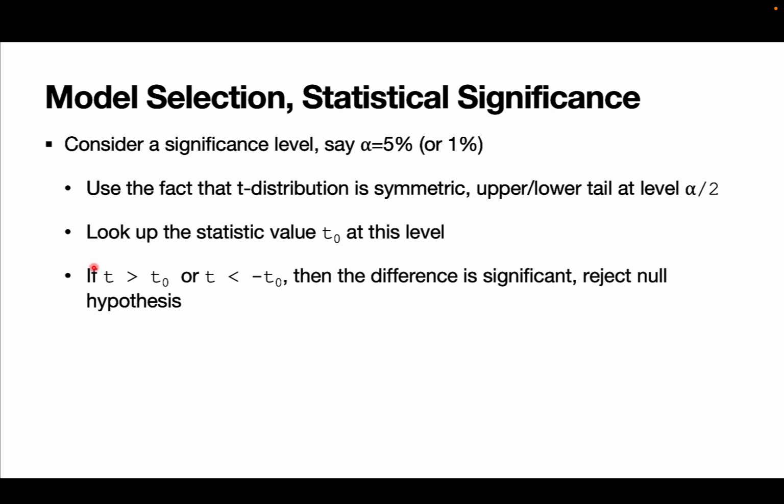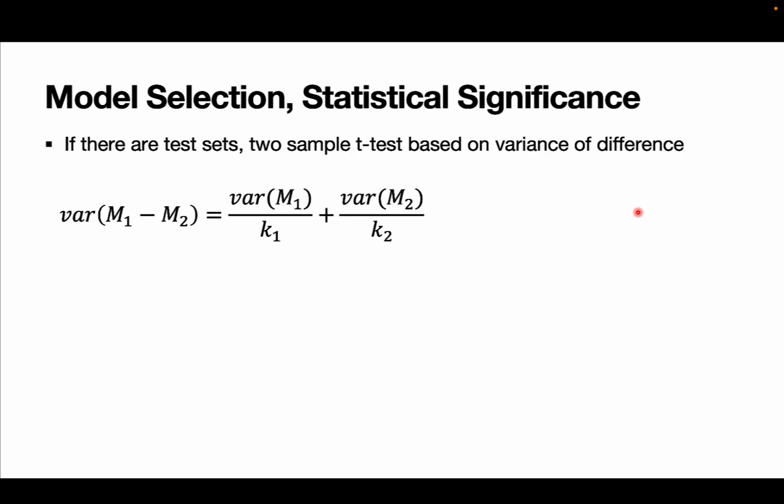But one note here is, because the t distribution is symmetric, we consider alpha over 2, not alpha, when we look up the critical value. If the null hypothesis is rejected, then we identify the classifier with the lower mean error as the better one. If we fail to reject the null hypothesis, then we can go with any classifier.